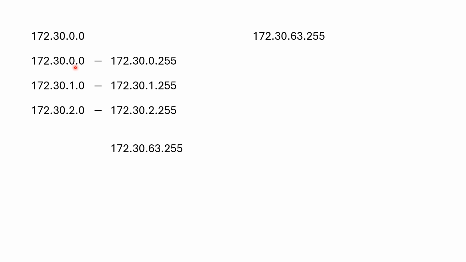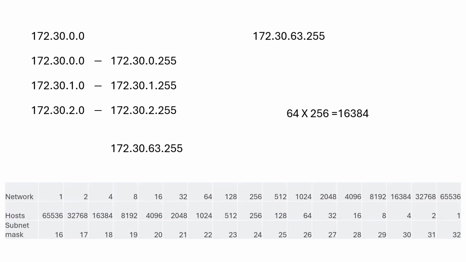So including 0, it is 256. Now let's multiply these two numbers, 64, that's the groups, and 256. We get 16,384. And this is exactly the number given in the table explaining how many hosts there will be in a class B IPv4 address if we create 4 networks.